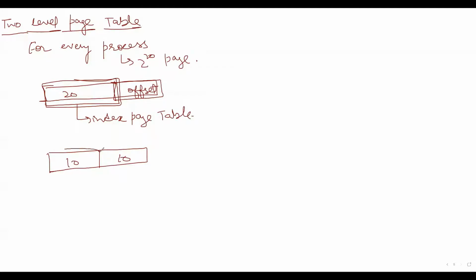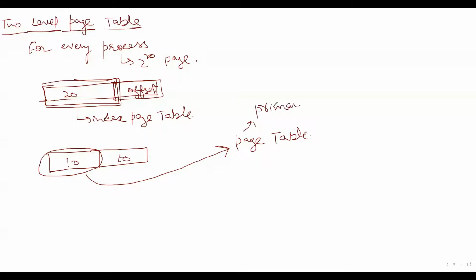These most significant bits are used to access a page table. This will be called a primary page table. So what will be the size of the primary page table? Let's suppose this is the primary page table.